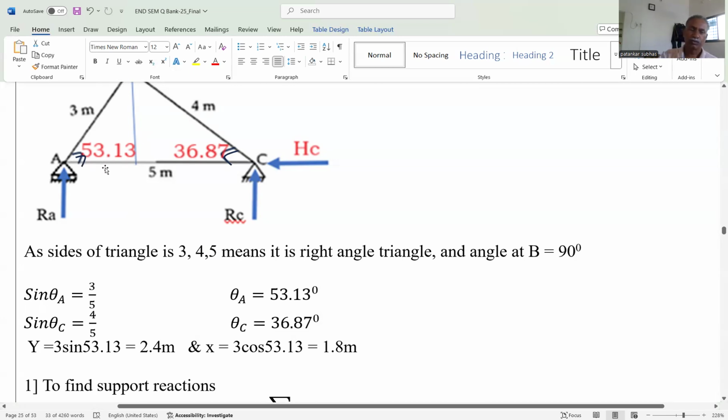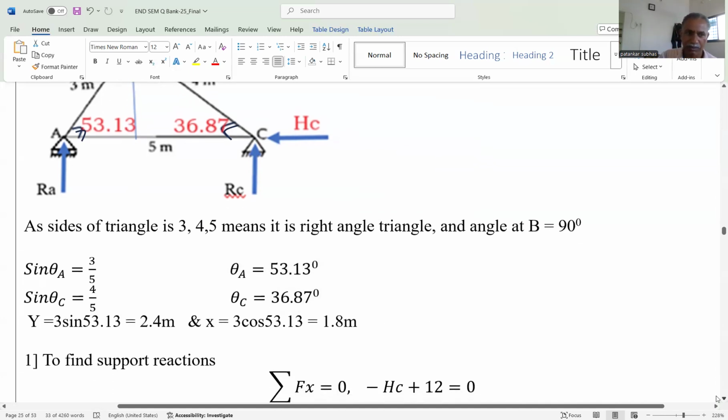Okay, so sine theta is equal to this divided by this, so we get the y, and cos theta is equal to horizontal, that is the adjacent, divided by hypotenuse. So we get the value of this. So vertical distance is 2.4 and horizontal distance is 1.8 meter. Okay, this is step number 1.